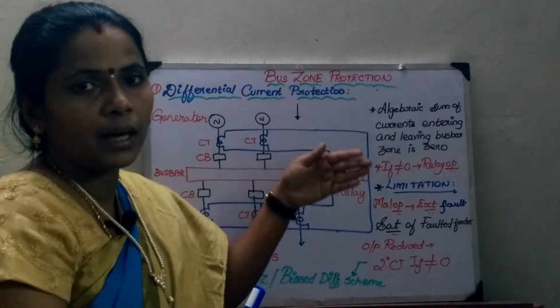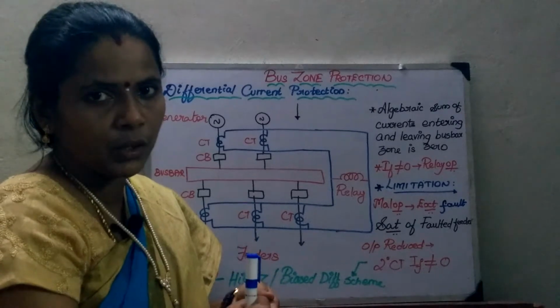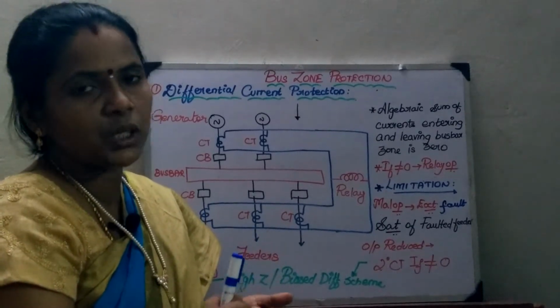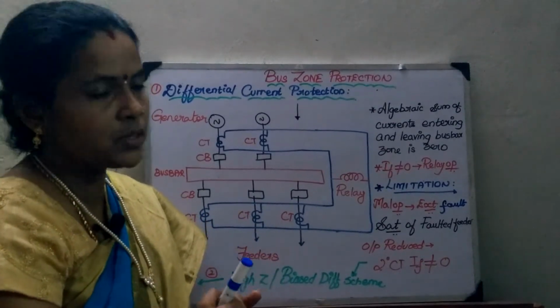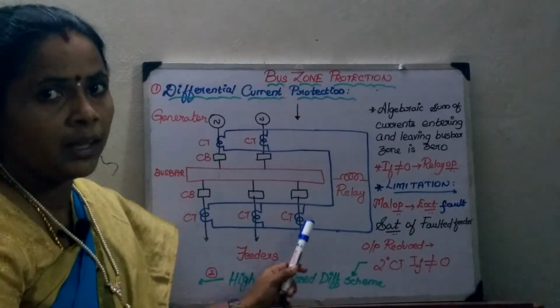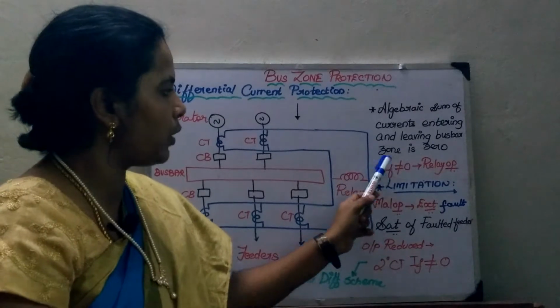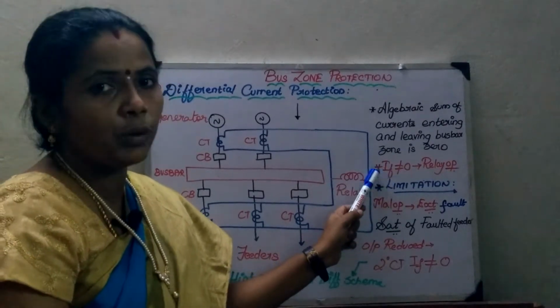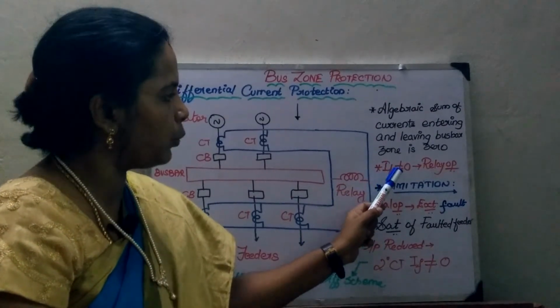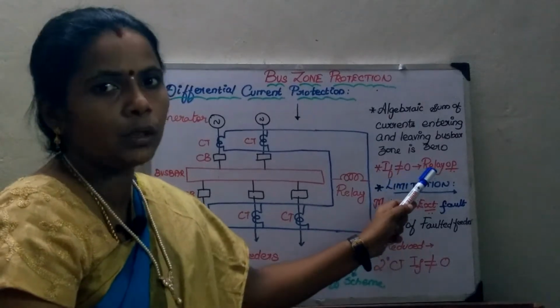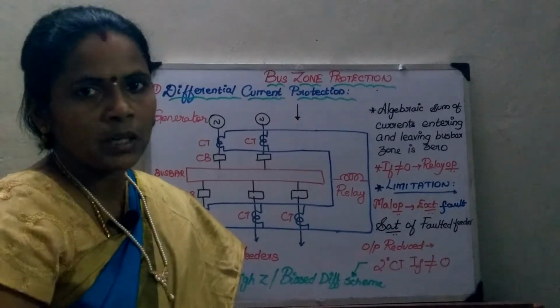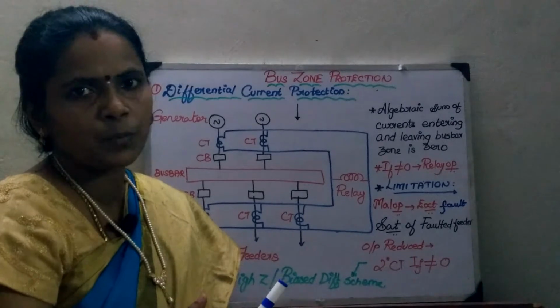So under normal condition the relay will not operate. Suppose a fault occurs anywhere; then the current entering and leaving the bus bar will not be 0. So, whenever you have a fault current, the magnitude will not be 0, and the relay will operate. This is the principle of bus bar protection.